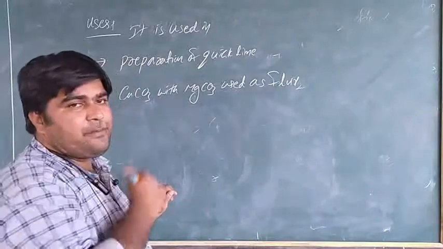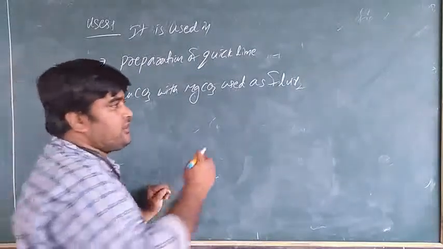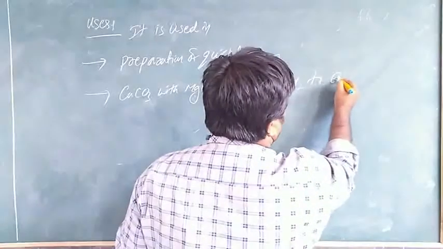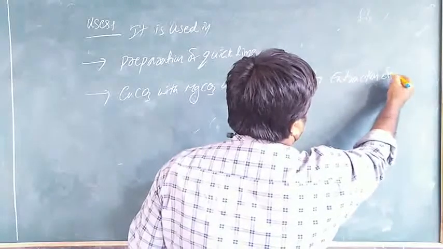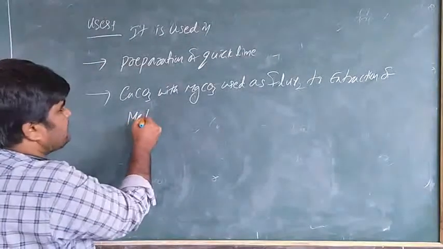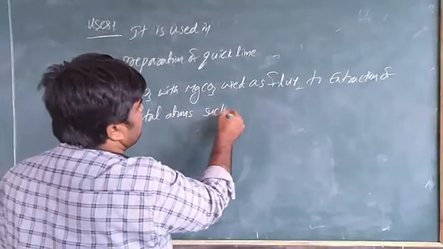We will come to the metallurgy term. Calcium carbonate with magnesium carbonate is used as flux to extract metals such as iron.